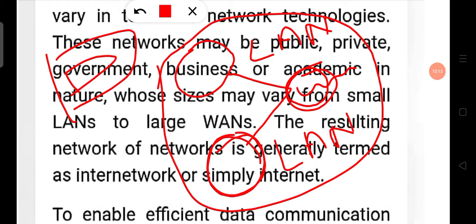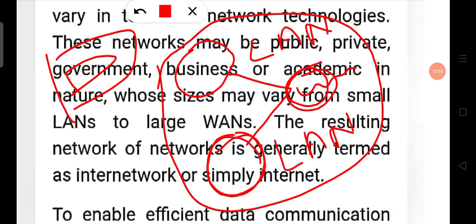Let's say in the internet there is also a network from any company, let's say HCL. There is also a network from Microsoft, Apple. Each company has its own networks, its own LANs, and those LANs are connected and make a big network, like a WAN, wide area network, and that whole connection is called the internet. In the internet all the networks are there.